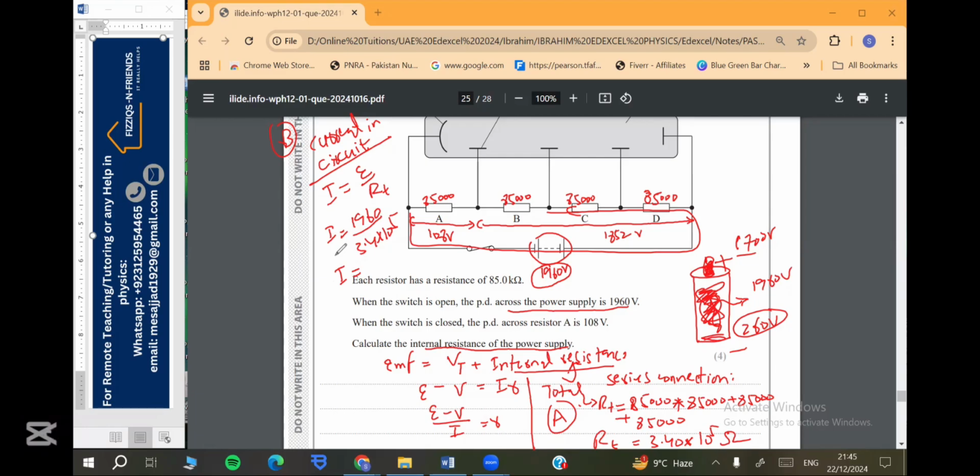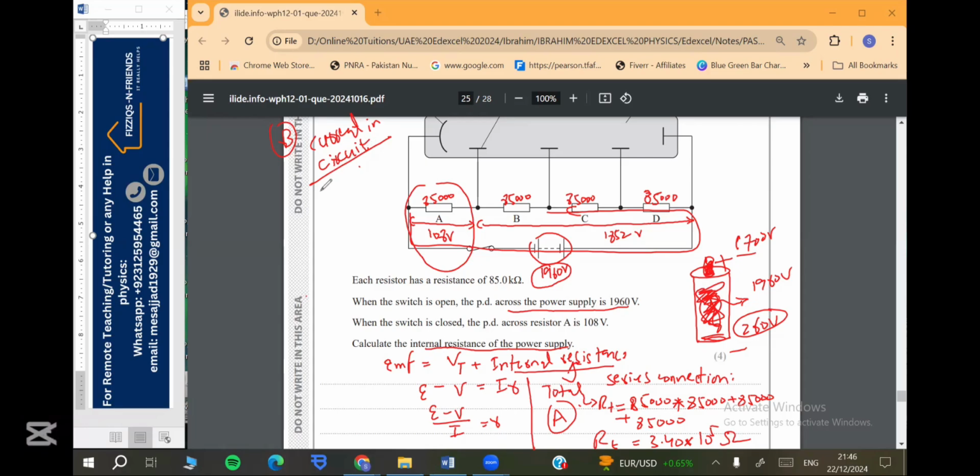Actually, I believe we should do it for the first VA. I think it is better to do it for the first, not use EMF, because in EMF we will have the internal resistance. So why not use this information to find the current, which is the same across all the resistors.